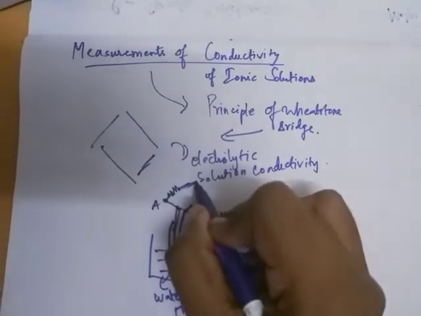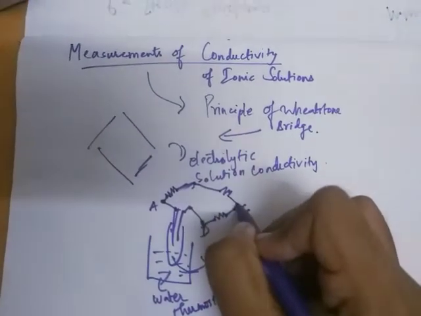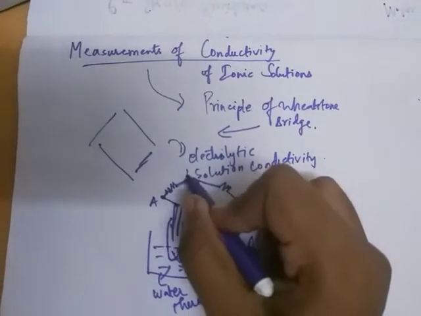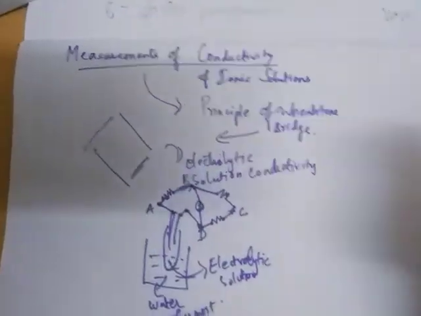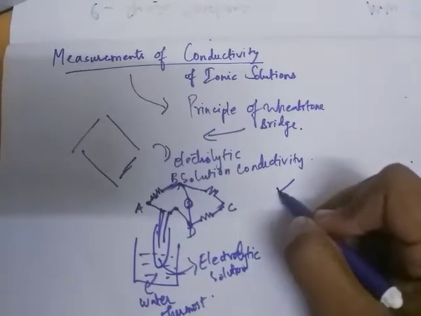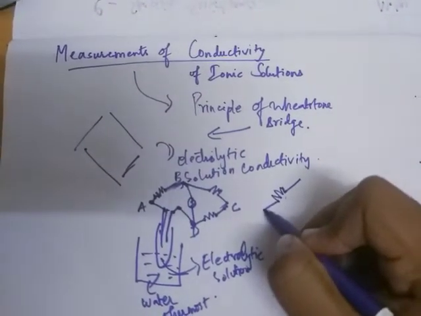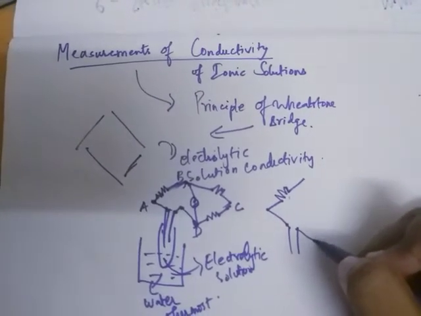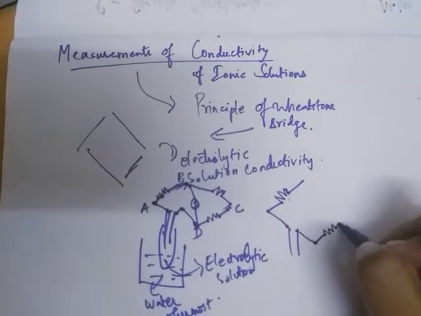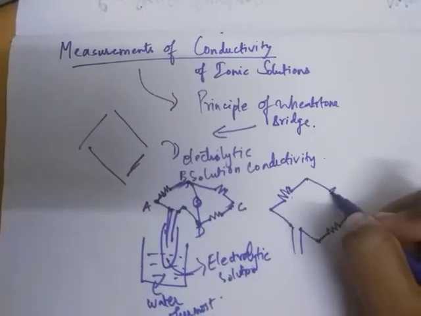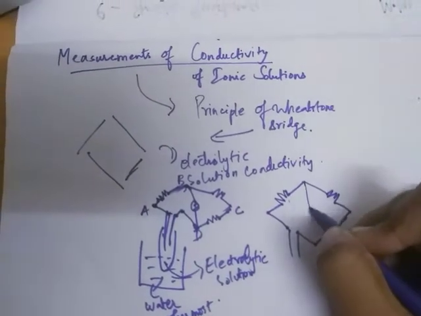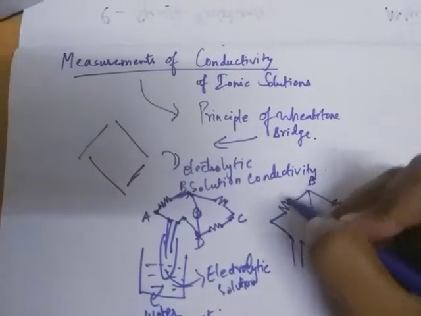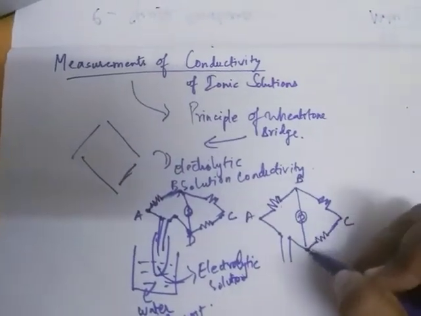Sorry, I have made a mistake. So it will be like a rhombus. This is B. So this is the A part, B part, C part and D part.